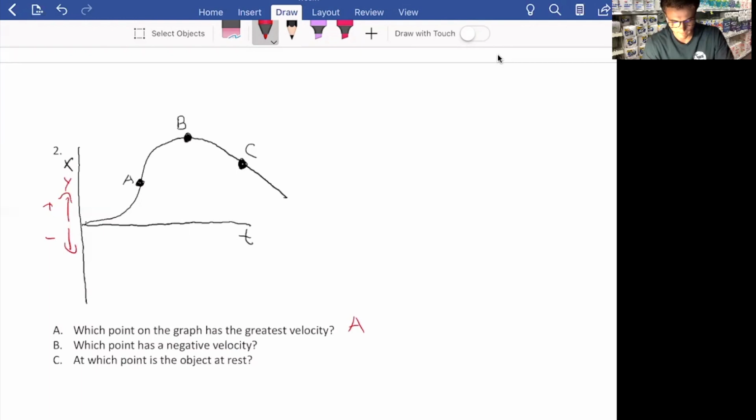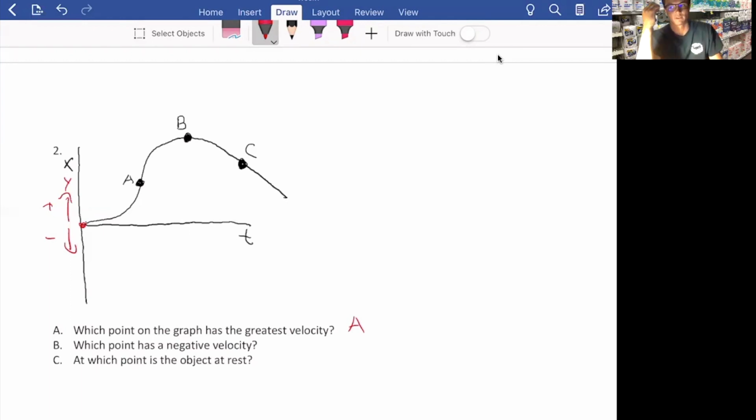So let's start over. From this point right here, our car starts moving, it speeds up to A, and at A, we determined before, that's the greatest velocity. Then it slows down a bit, gets to B, and then it turns around and starts going back to the origin, right?